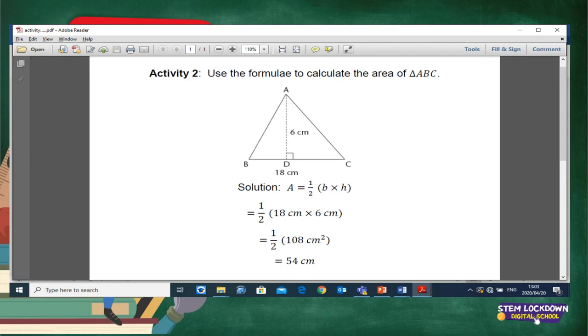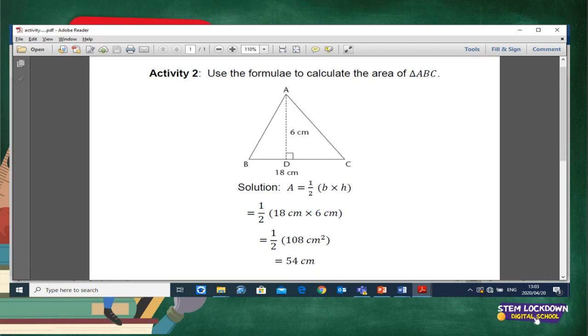In this activity, you are not told in a sentence that the height is 6. You can just see it on the sketch. It is there on the diagram. Again, you can see 18 centimeters is also there in the diagram. And then you can use that diagram to interpret it right into the formula.